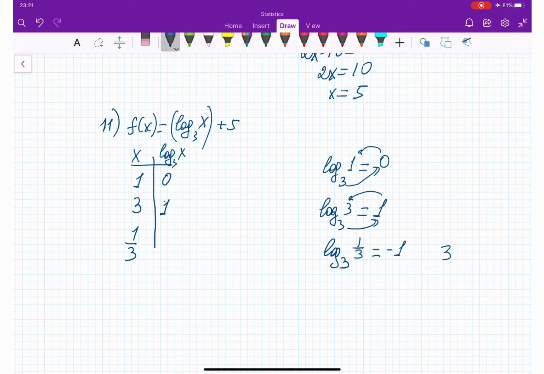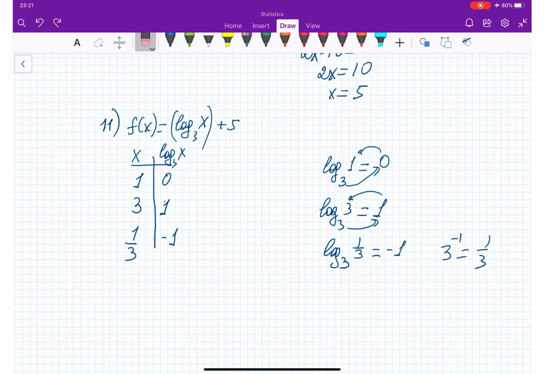Because 3 to the power -1 is going to be equal to 1/3. So then here we will have -1, correct? Okay, let's build this graph. So far we are building only this piece. Once we grab this, we can take this graph and move up by 5.